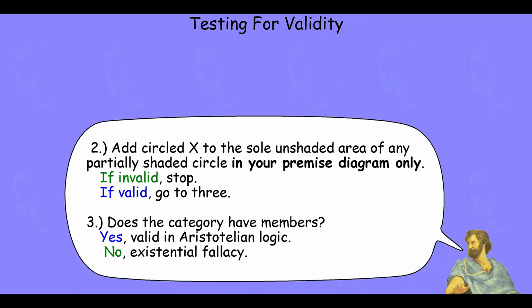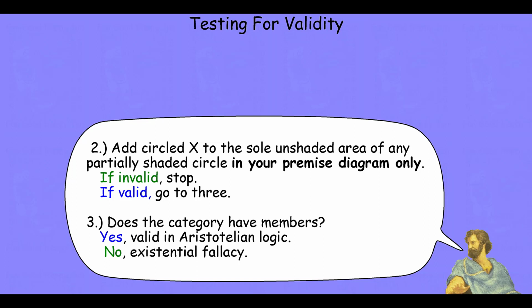So we'll add a circled X to the sole unshaded area of any partially shaded circle in our premise diagram only. Then we're going to check and see, after modifying our premise diagram, is what we need to make our conclusion true? Is what's in the conclusion diagram present in the premise diagram? If it isn't, then the argument is invalid in Aristotelian logic as well, and you can stop.